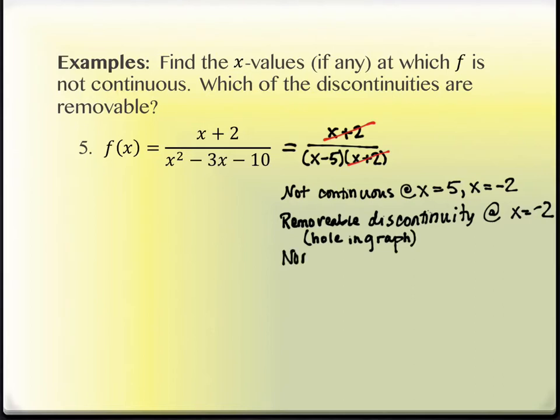And I have a non-removable discontinuity at x equal 5. And again, that means I've actually got an asymptote there. Any questions on that?